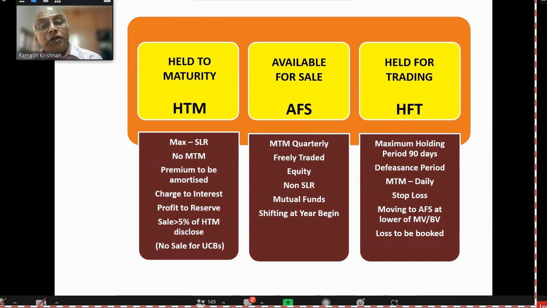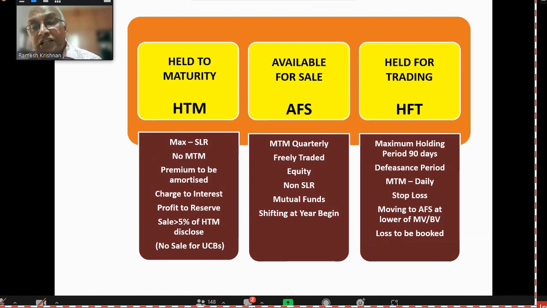This 20 paise you don't want to book as a loss, but you have held it for 90 days. So you can shift it to the AFS category at 99.60 and charge that 20 paise to your P&L. So that is moving to AFS at the lower of market value or book value. And that 20 paise loss has to be booked on the date of shifting.